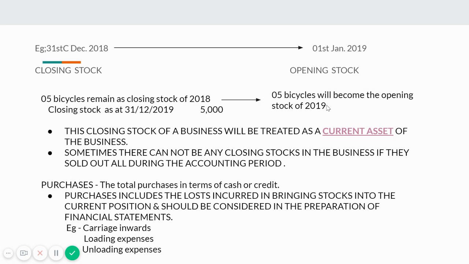That's also possible. And in the exam also, they can give sums like that with opening stocks or without opening stocks. That is possible.